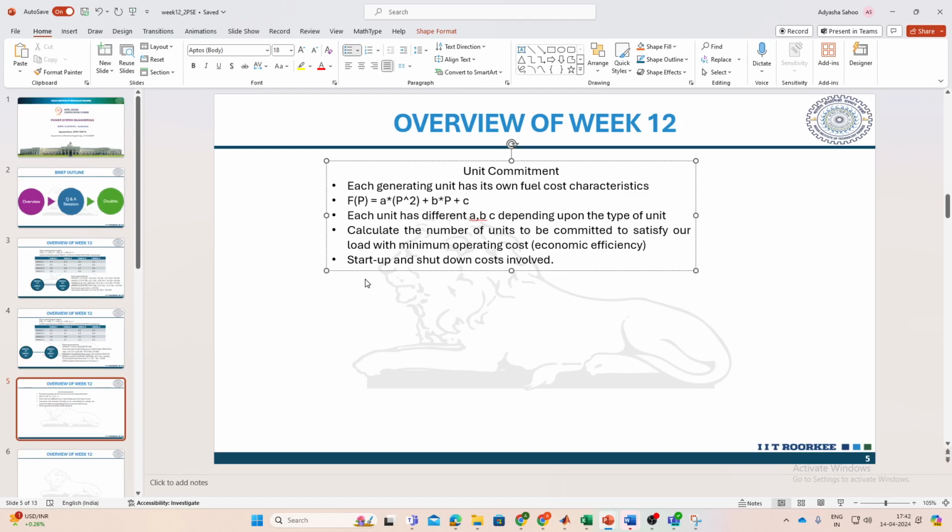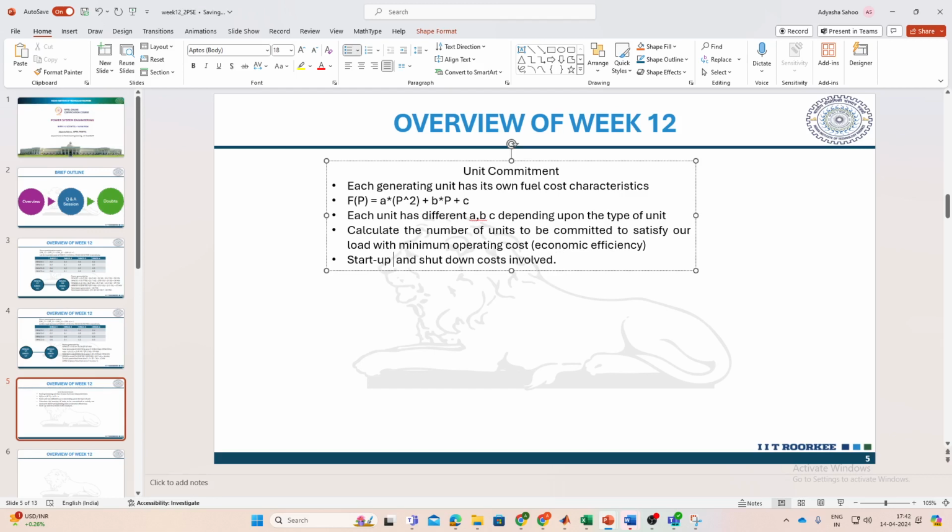So you need to take care of that cost while calculating this unit commitment. But this startup cost and shutdown cost will only come once when it is switched on. Once it is switched on, for the consequent time steps, startup cost will not be there, only the operating cost will be there, because already you have switched on the unit.